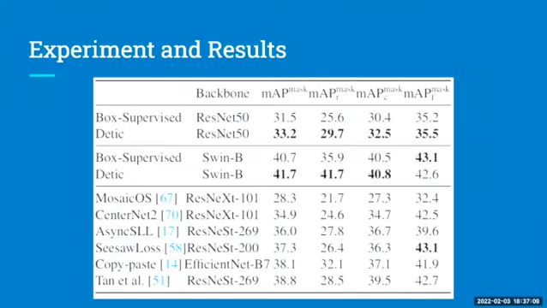As you can see, detic with the ResNet 50 backbone outperforms the baseline's ResNet 50 backbone, and SWIN-B outperforms the baseline model trained on the SWIN-B backbone as well. And the six methods down here all use heavy networks as their backbones, and detic still outperforms all or almost all of them, except for seesaw loss for the frequent cases.